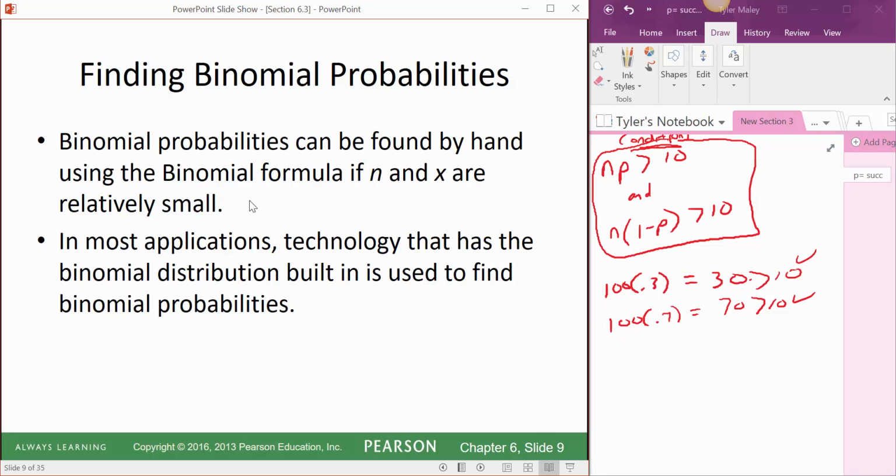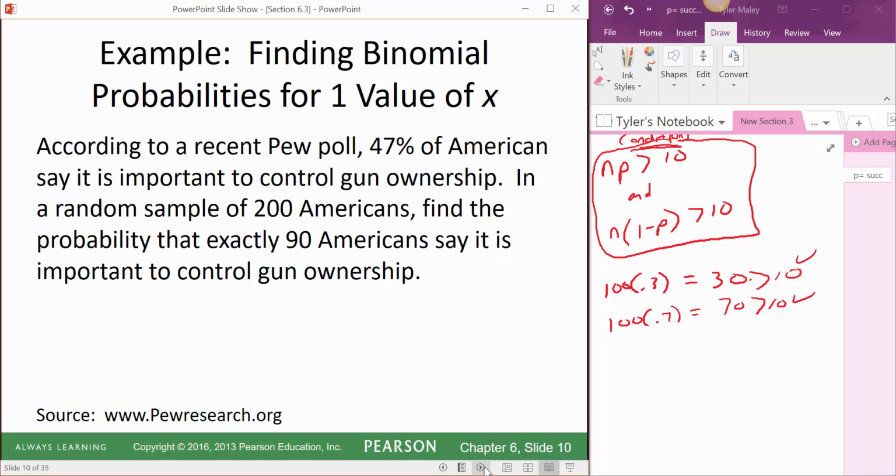So in most applications, technology is something that we might use to find binomial probabilities. Right, so here's an example finding binomial probabilities for one value of x. We want to focus on just one value of x, and then we'll look at what happens if we want to find more than one value of x.